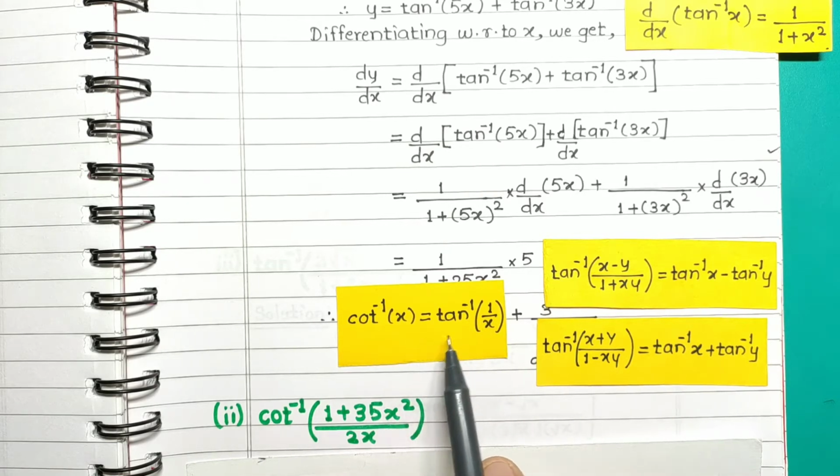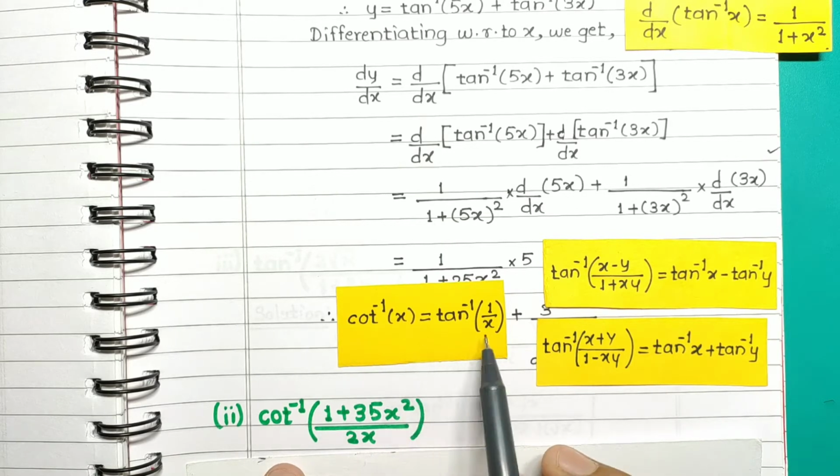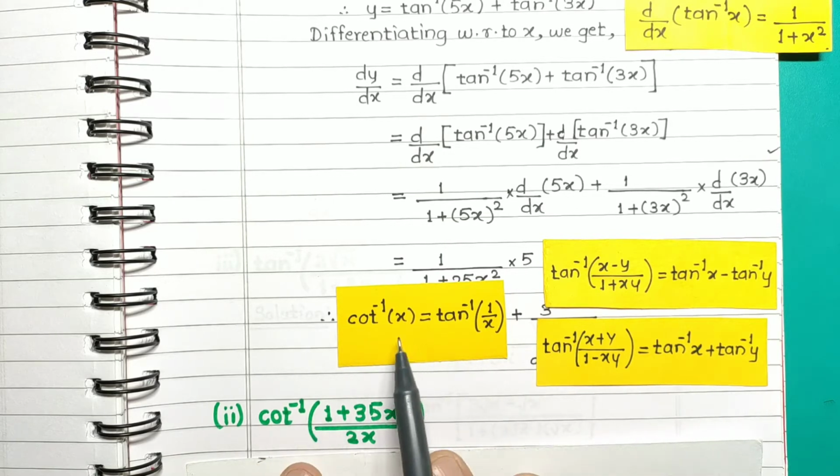So using this property, we can invert this function to a tan inverse function, and these terms can be inverted. So using this property, we can write cot inverse of this is equal to tan inverse of 2x upon 1 plus 35x square. So all this discussion needs observation.